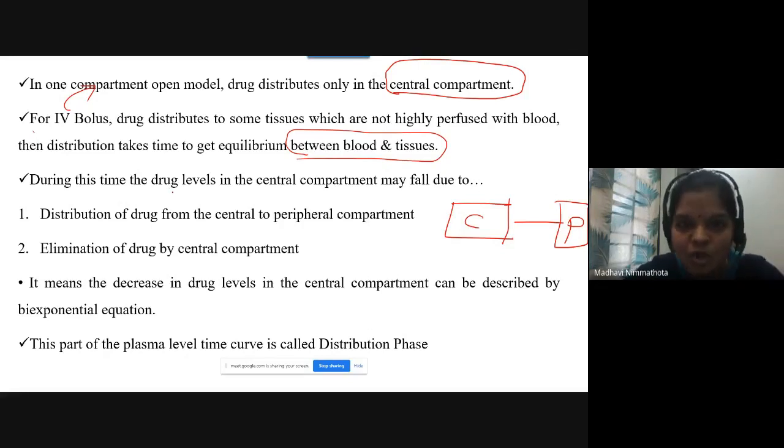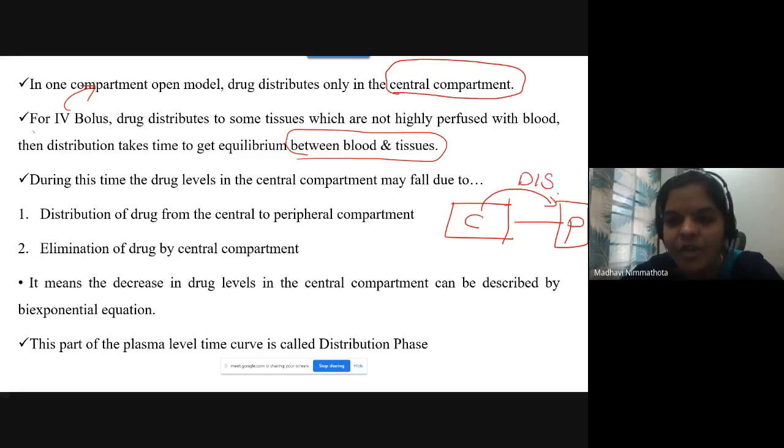Here in case of multi-compartments, we have a central compartment. This will be attached to these peripheral compartments. That means the drug distribution is taking place from the central to the peripheral, right? So here we are observing delayed drug distribution. Why is it happening? See, the distribution of drug is happening from central to the peripheral.